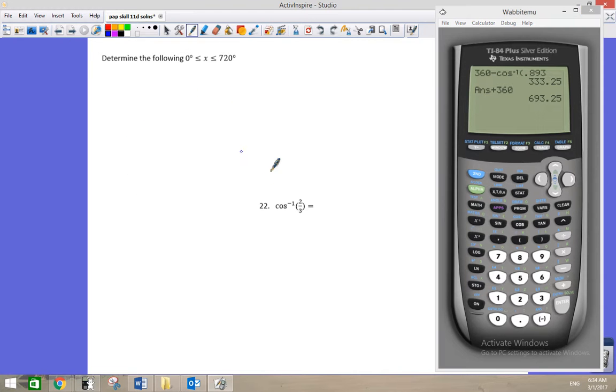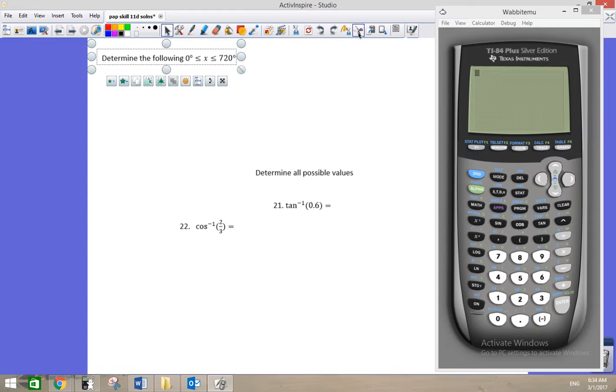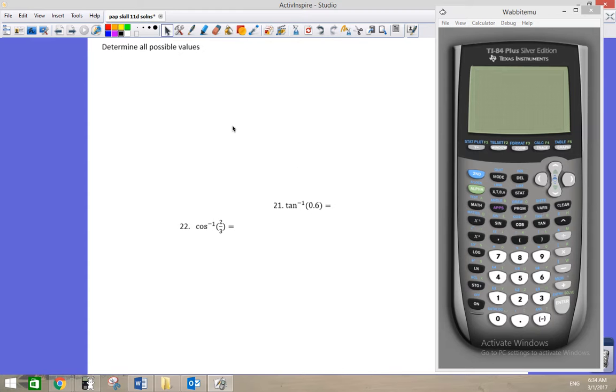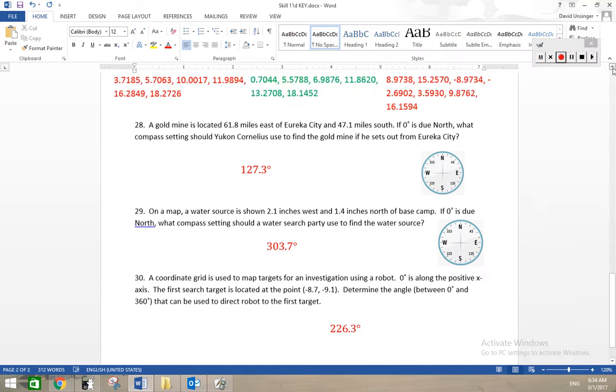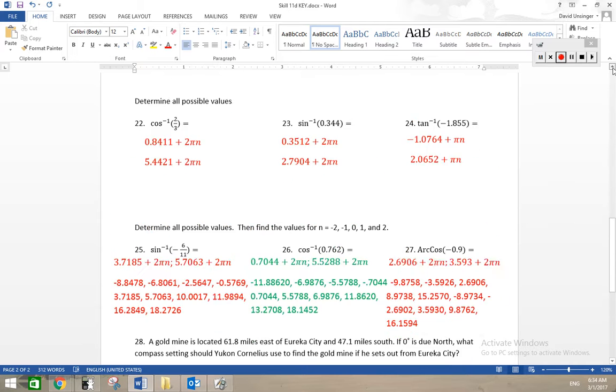All right. Let's move on to the next one. Oh, wait a minute. I still have my old directions here. So I think the new directions have changed for these two problems. Let's double check that. No, I still have that open. This is that answer key that should be on headline.